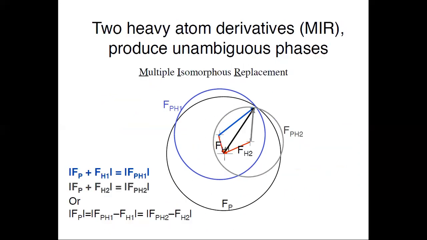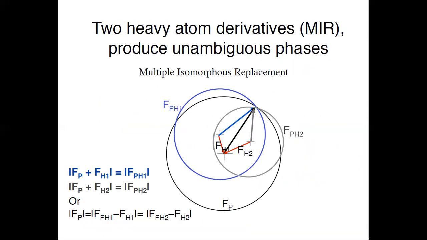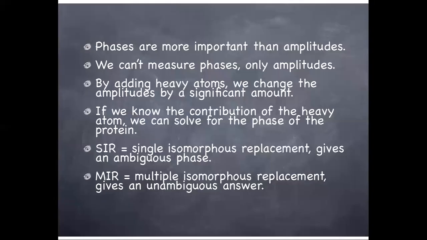Now we can move to two heavy atom derivatives, which produce unambiguous phases. This is the equation for the single atom and two heavy atoms. This is the diagram with two circles, which shows the one heavy atom. Similarly, the two heavy atoms should produce a change. From that, phases are more important than amplitude.